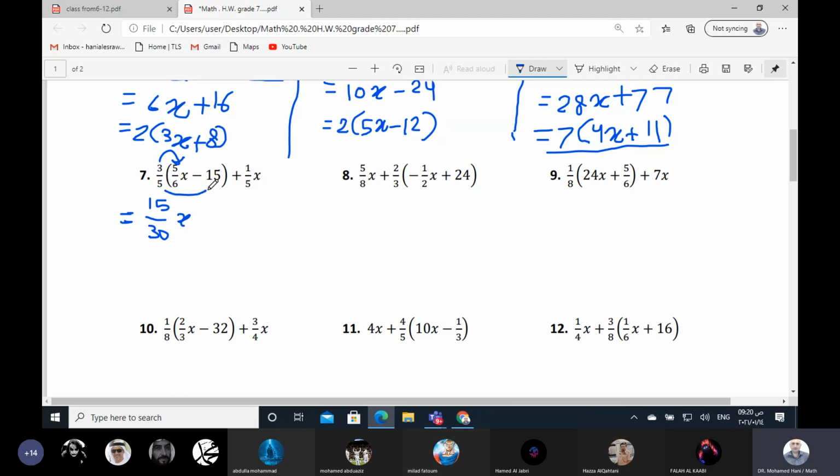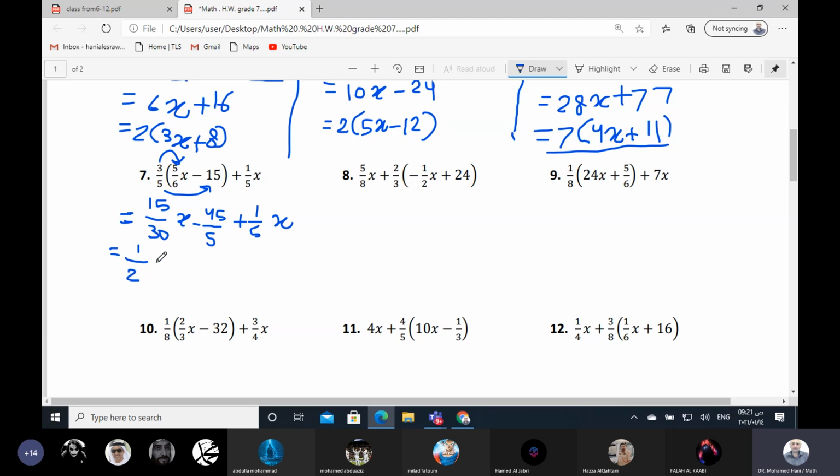Now 3 over 5 times minus 15 will be minus 15 times 3 will be 45 over 5, plus 1 over 5x. Here simplify this fraction, divide up by 15, divide down by 15. 15 divided by 15 will be 1, and 30 divided by 15 will be 2.